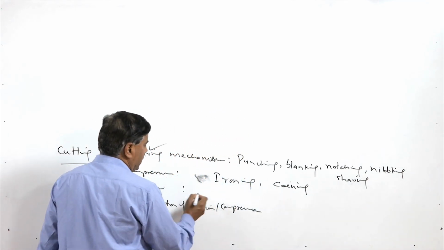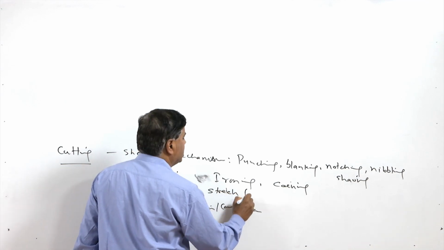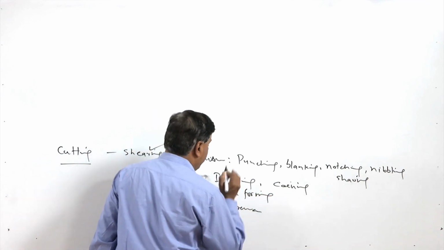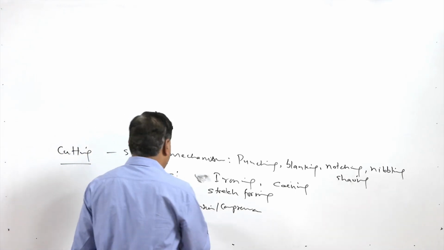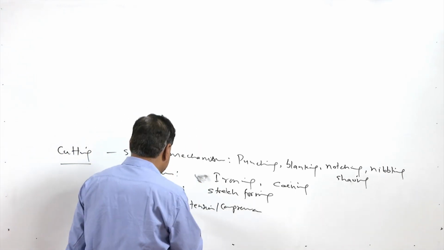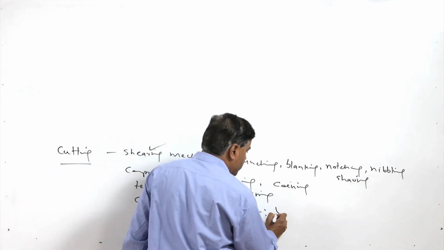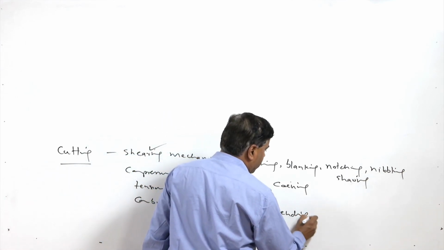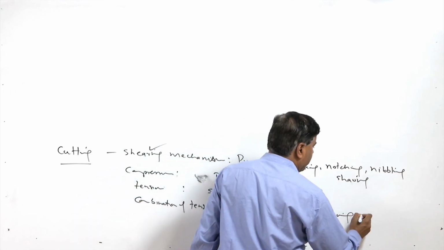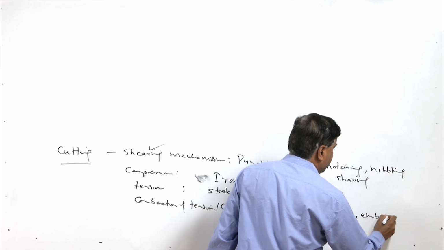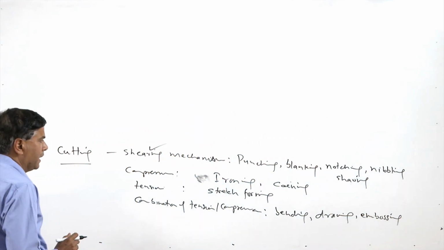Then tension is used in stretch forming to form the sheet metal in a particular profile. Stretch forming uses tensile stresses. A combination of tension and compression both is used in operations like bending, drawing, embossing, etc.